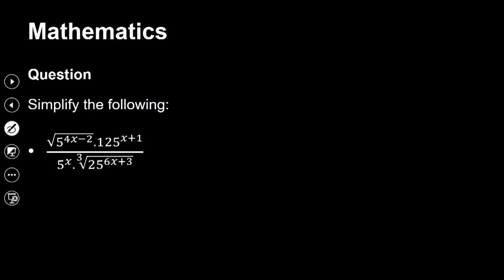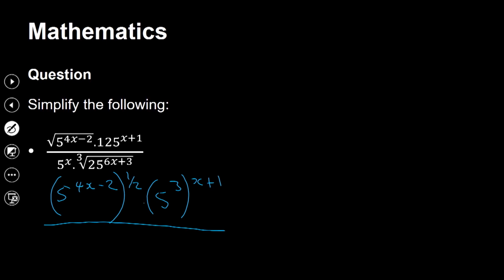Now, our last question for today will be a very interesting one, but it's not really a difficult question to do. So what you need to look at here is, firstly, you get rid of the z, right? That's the main thing that I need to do. So this will be 5 to the exponent of 4x minus 2, all of this raised to 1 over 2. Then multiplied by, I must change this to a base of 5, which is 5 cubed into x plus 1.